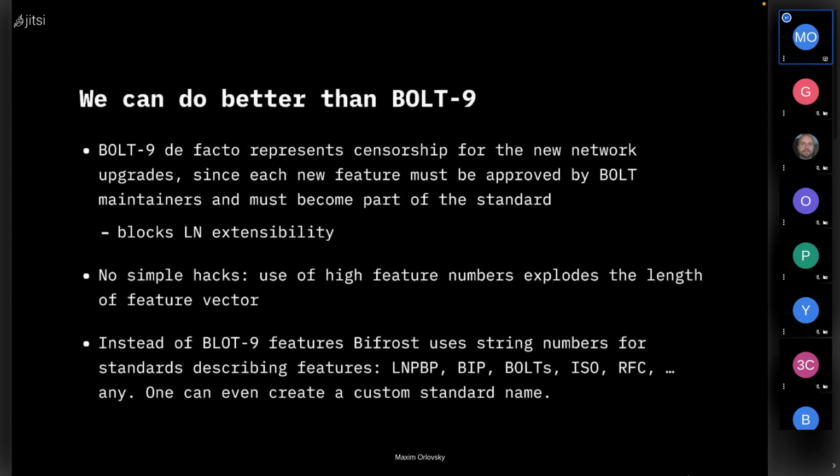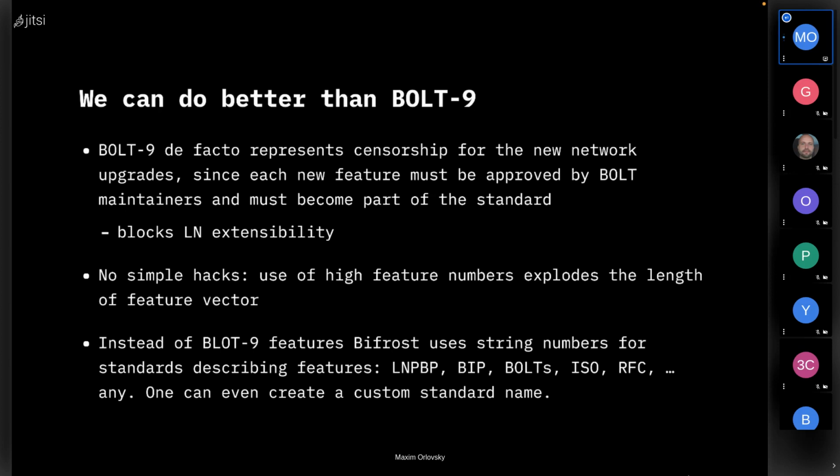The current, or as we call it, legacy Lightning Network uses the standard Bolt 9, which defines the concept of a feature flag that signals support for new functionality inside the Lightning Network. The idea is quite beautiful. Unfortunately, in practice, it's not working as well as was expected.